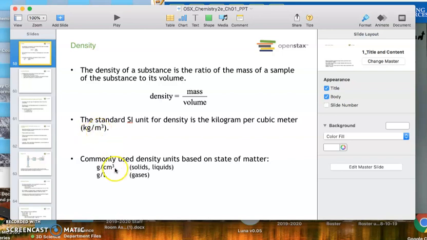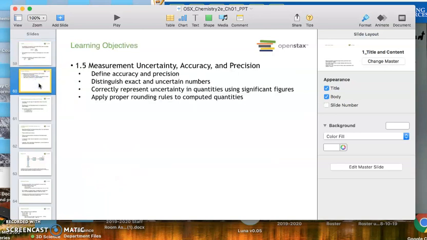We normally use cubic centimeters. So you'll normally see density values of different substances using the units of grams per cubic centimeter or grams per milliliter. For gases, grams per liter are common because with gases, usually the volume of the gas we're dealing with is larger than the volume of liquids or solids that we use too.